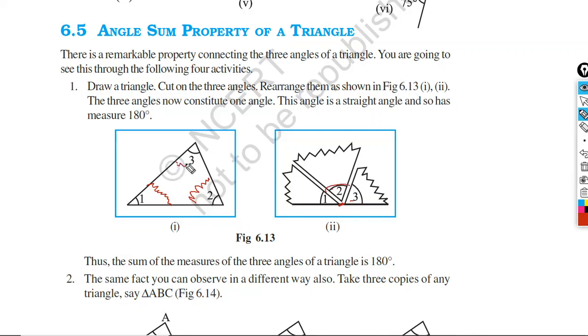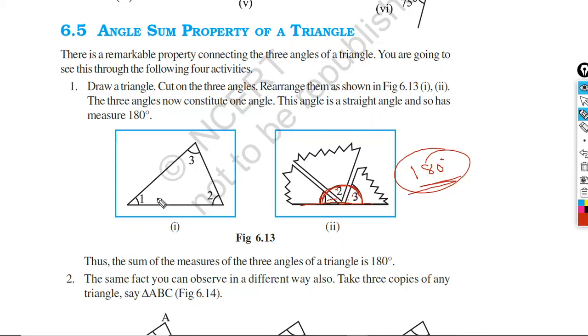Then angle 3, same way, you cut it and put it here. Then you will observe that these three angles will exactly fit on one line, or in other words these three angles will make a straight angle like this. That means a straight angle, you know, that is equal to 180 degrees.